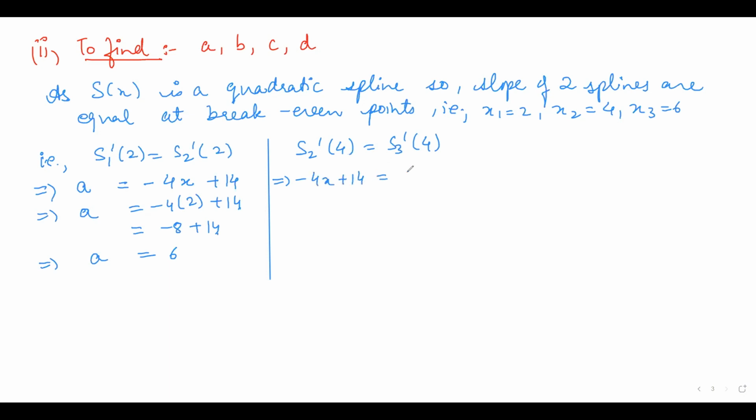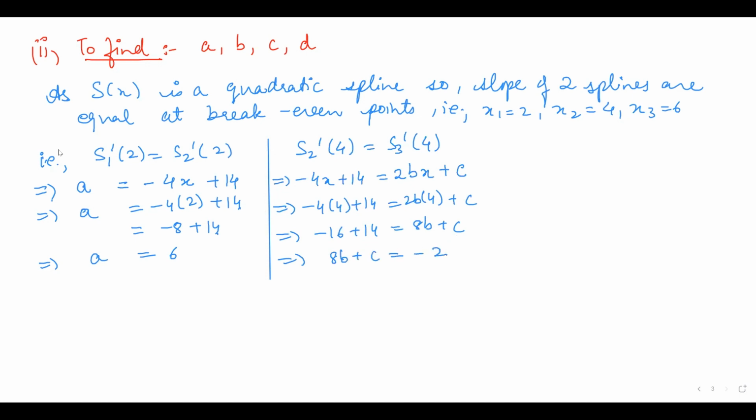And S3 dash that I'm getting is 2bx plus c. So at 4, this would be minus 16 plus 14, 8b plus c. So 8b plus c is coming out to be minus 2.